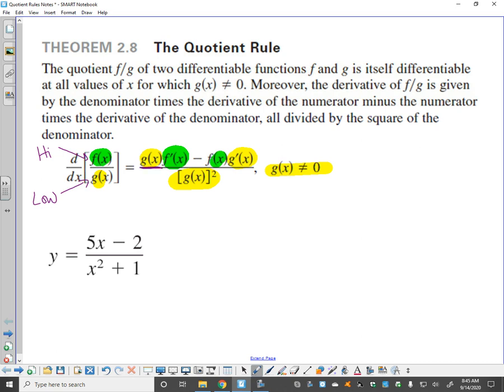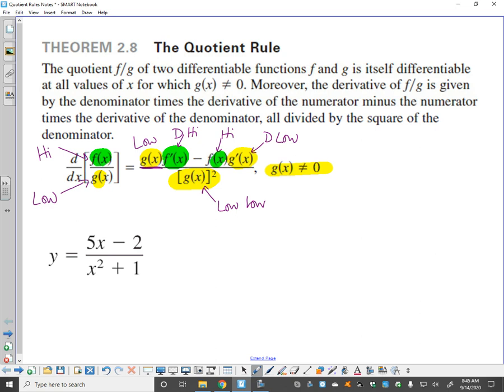Low, then the derivative of the high. So we're going to say low d high, d for derivative, minus high d low, because derivative of the low, over low, low.